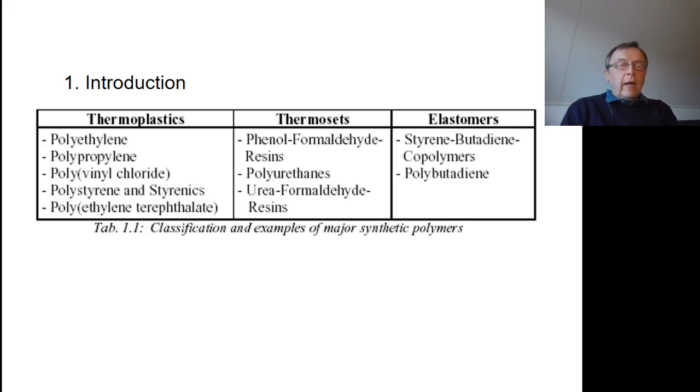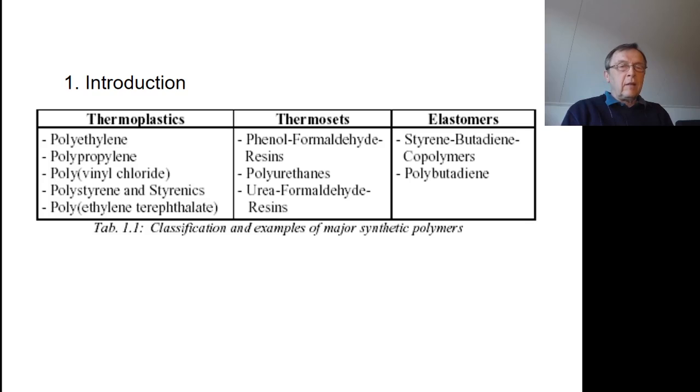So if we look at all the polymeric materials that are available, we have to distinguish between three different types of polymers. On the one hand, there is a big group that is called thermoplastic materials. And you all know these materials.